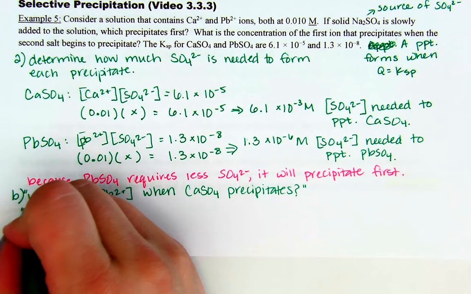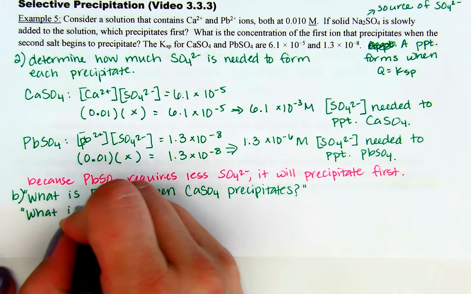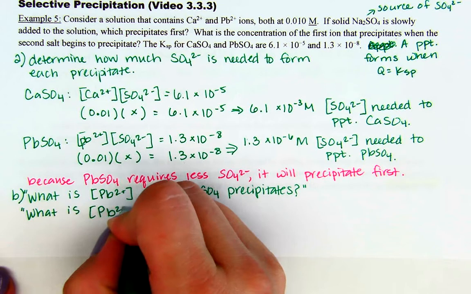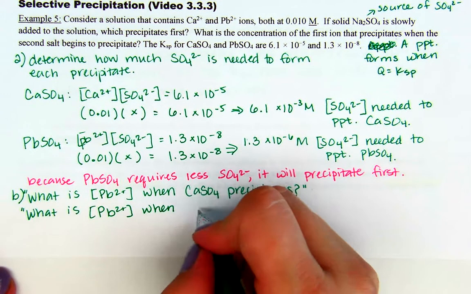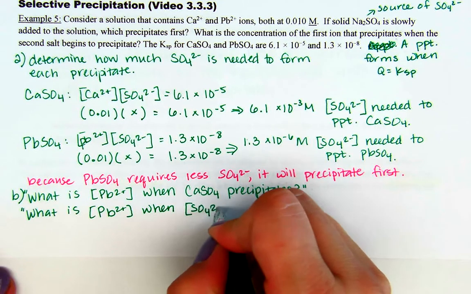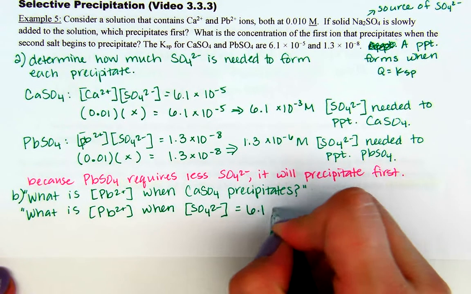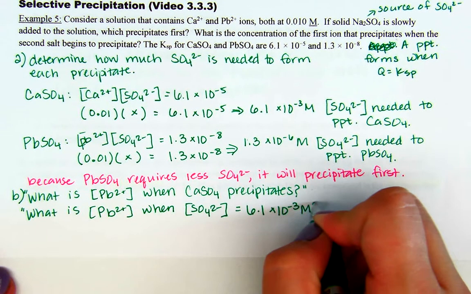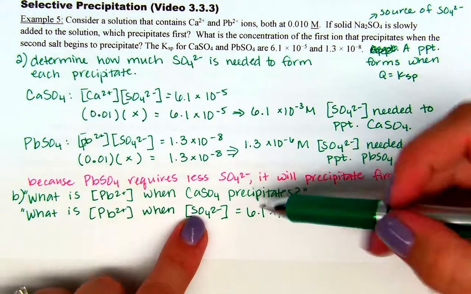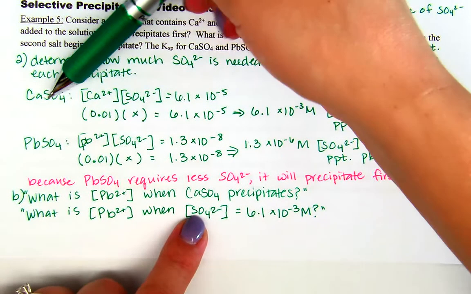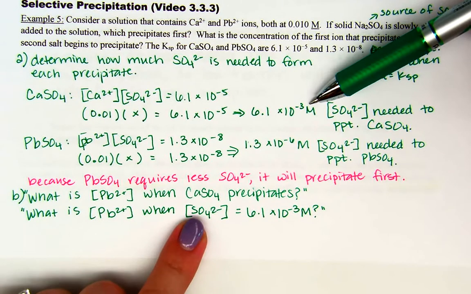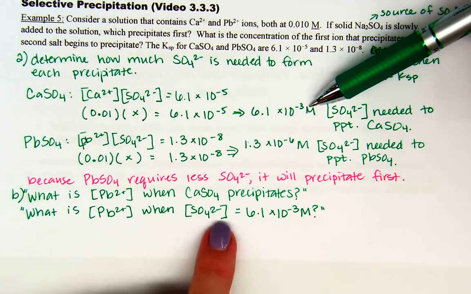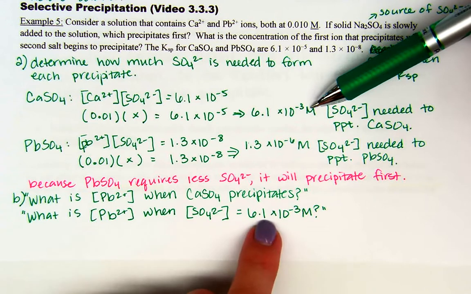So really what we're asking is, what is the concentration of lead when the concentration of sulfate equals 6.1 times 10 to the negative 3 molar? Because that's when calcium sulfate precipitates, right? Calcium sulfate doesn't precipitate until your sulfate concentration is 6.1 times 10 to the negative 3. So what's the lead concentration when that happens?